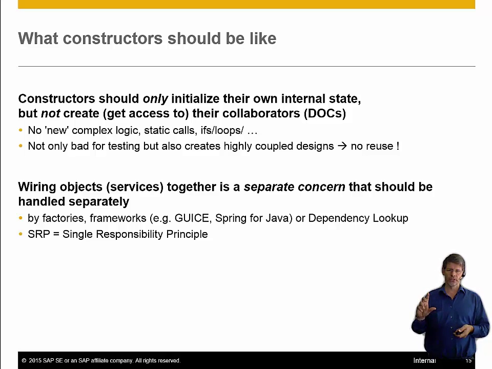So basically what we can say is that wiring objects or services together is a separate concern that should be handled separately. So don't put the new in there, like the parent object creating the child objects and so forth. It goes through the whole graph down, and everybody creates whatever instances they need. That means the code that decides what the structure of the graph looks like for the services, basically how they are wired together, is spread all over the place.